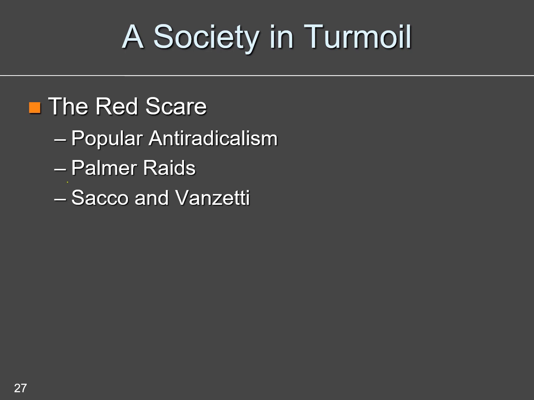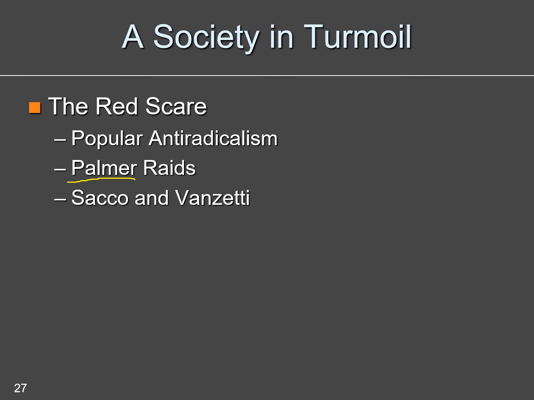A. Mitchell Palmer, the Attorney General, his house even got the front of it blown off by a bomb. And so he and J. Edgar Hoover, who will show up later in history, initiate these Palmer raids, where they round up suspected anarchists and socialist radicals. I think 6,000 through the whole time.